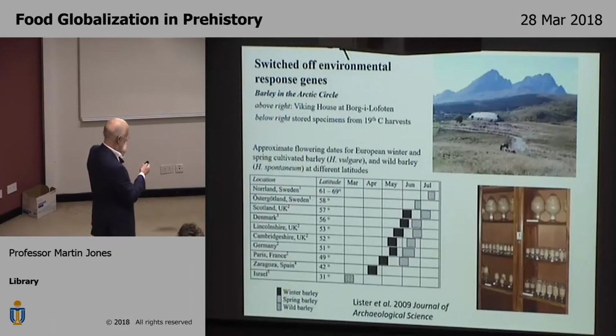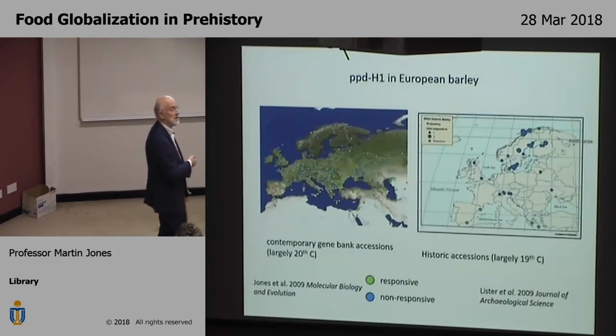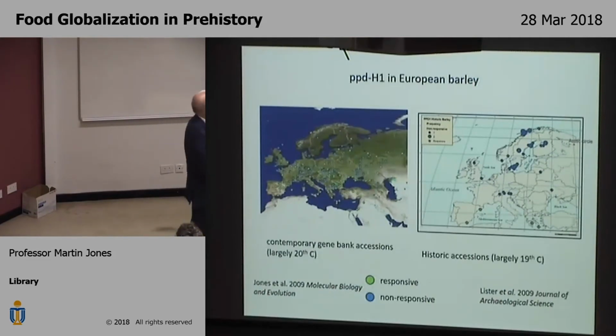So what happens to the plants? Well, we can see what happens by looking at some of the genes. This is a gene that allows barley to respond to the right season, and when the gene is working, it's green, and if you throw in a mutation and switch the gene off so it's just not working, then it's blue.